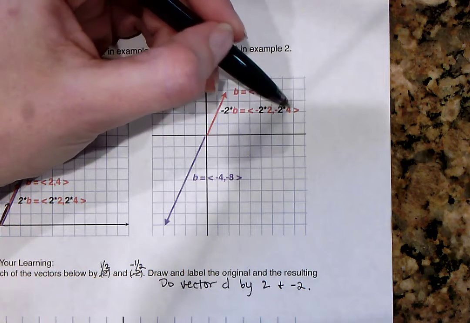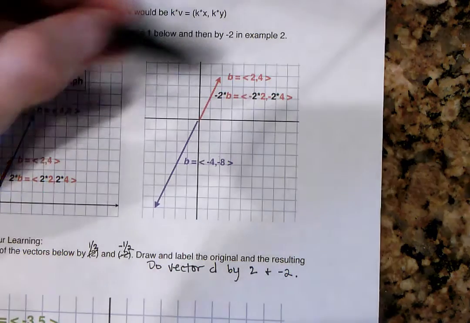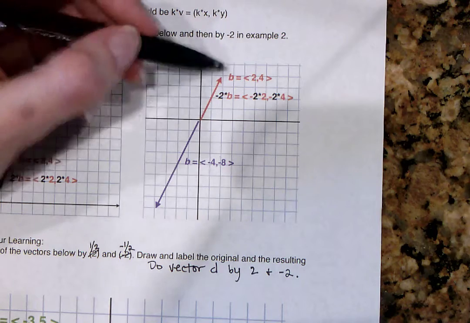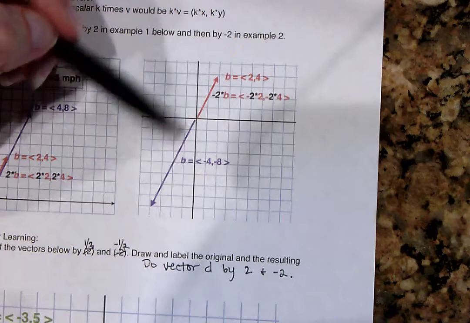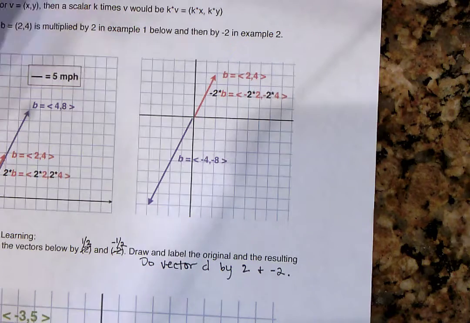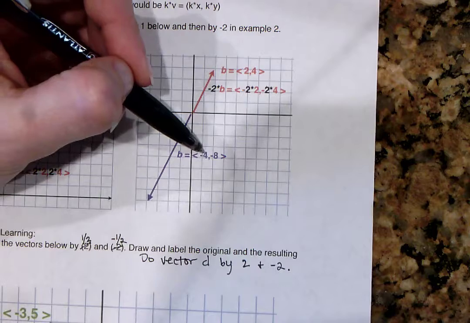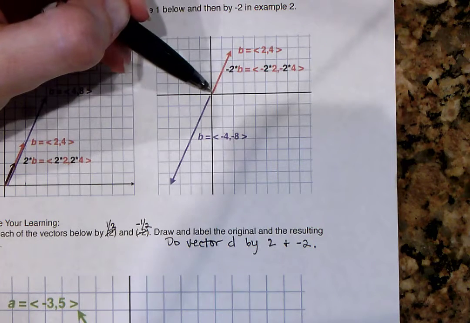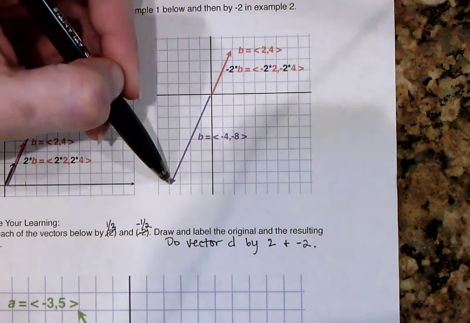And -2 times 4 is -8. So instead of growing twice as long going in the same direction, it's going to grow twice as long but go in the opposite direction. That's the only difference. So notice they graphed this as -4, -8. That's how they figured that out.